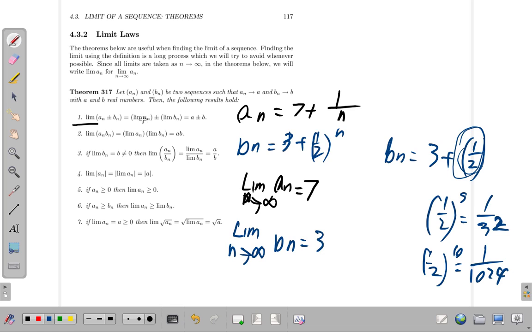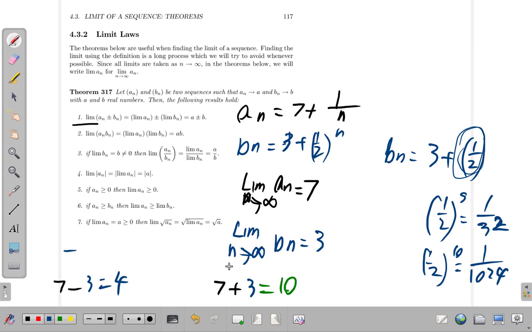Now, the limit of an plus the limit of bn. The limit of an is 7 plus the limit of bn, which is 3. So the answer here would be 10. If we say the limit of an minus the limit of bn, we would have 7 minus 3, which would be 4.